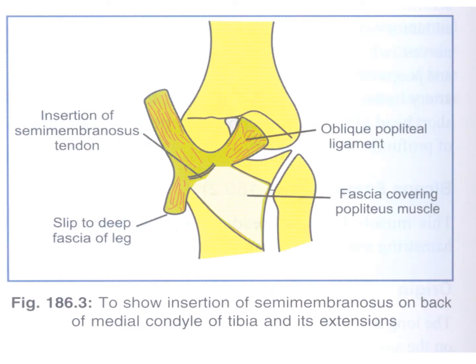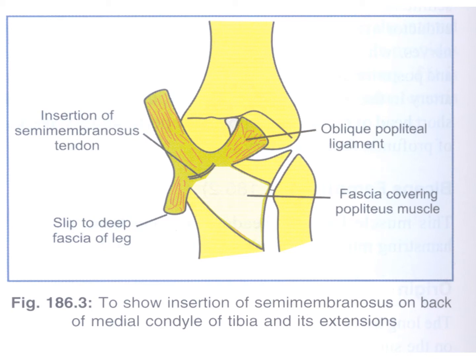You see, these are the insertions of semimembranosus on the back of the medial condyle of the tibia and its extensions. First, it inserts into the semimembranosus tendon. Later, it continues into the oblique popliteal ligament. One slip forms the deep fascia of the leg, and another is the fascia covering the popliteus muscle.